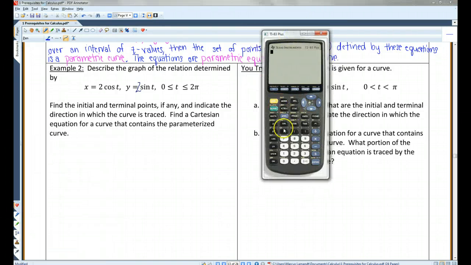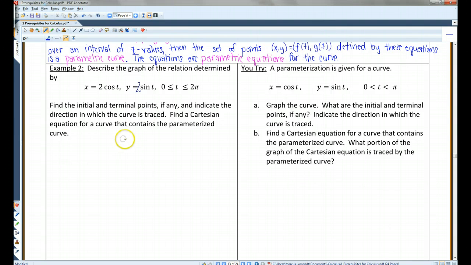So on our calculators, we've got 2 cosine t. Just a reminder, make sure this is in parametric mode. 2 sine t. And graph. So it looks like a circle of radius 2.